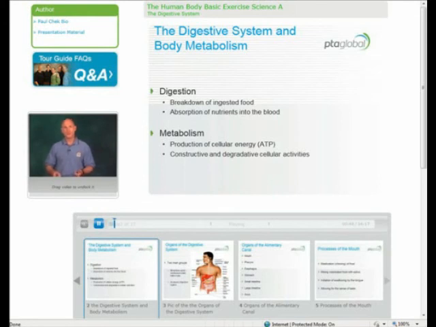Now, with digestion, we basically have the need to break foods down into smaller particles, and as I'm sure you're aware, some of these food sources come from a variety of different areas in nature. The way we break down animal foods is different than the way we break down plant foods, and the way we break down simple sugars is different than the way we break down alcohol, for example.